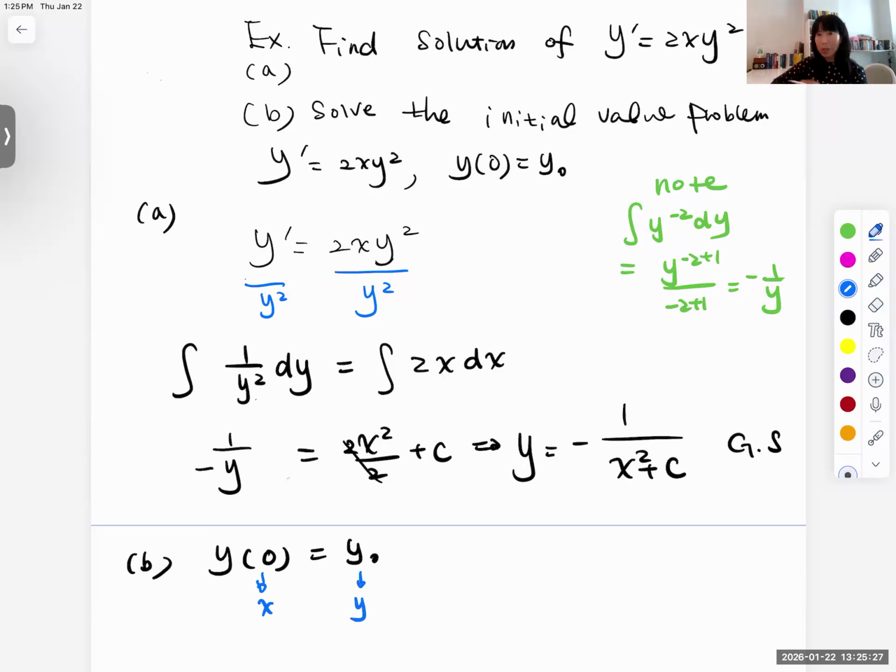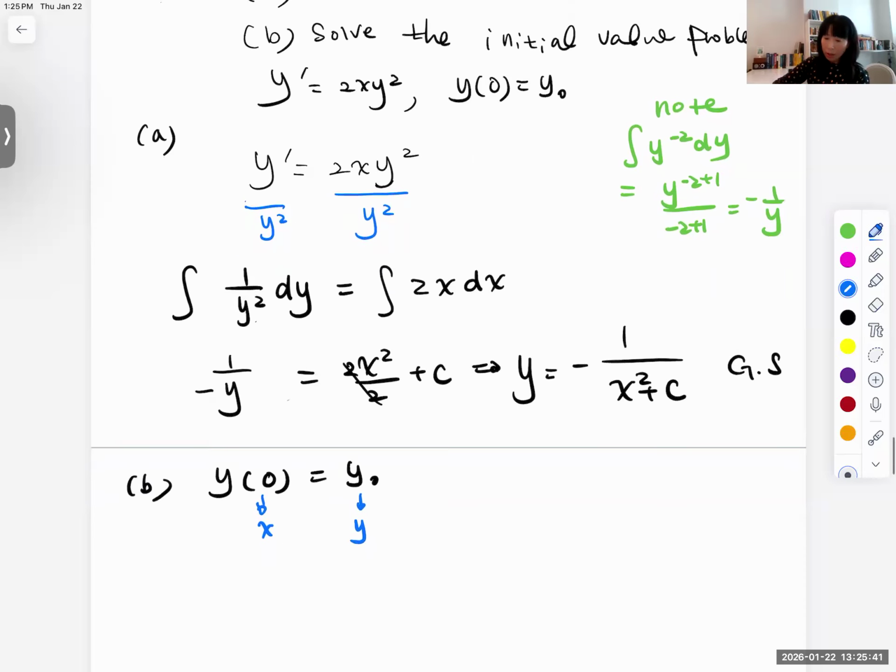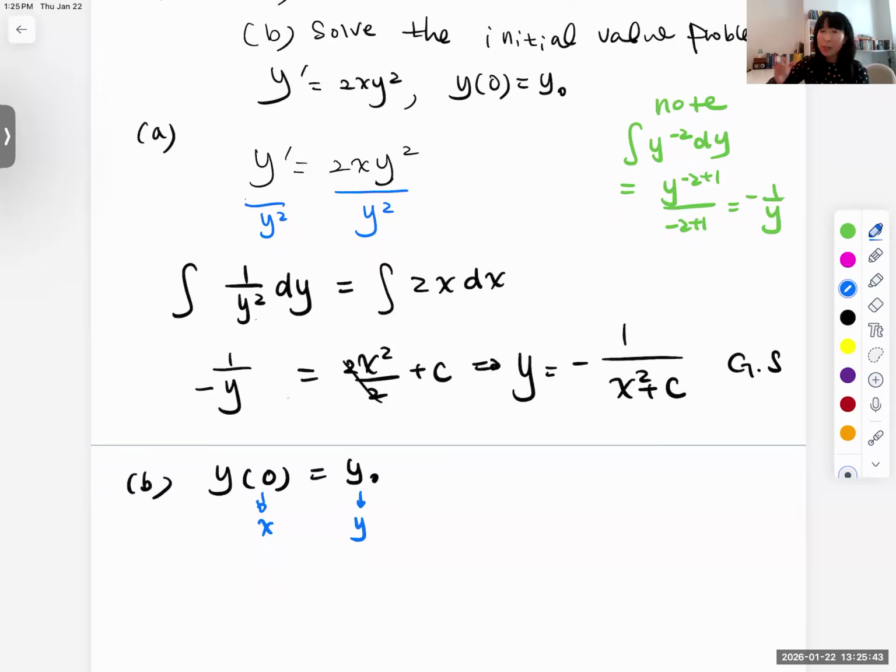Same here too: y naught, y. Think about y naught as a number, like 2 or 3. So x equal to 0, y equal to y naught. Then same concept, same process.